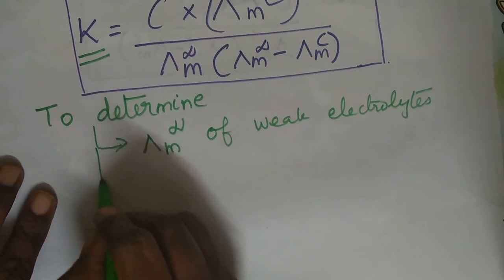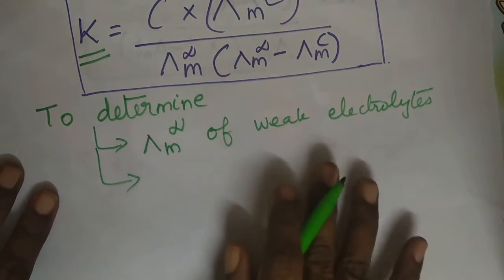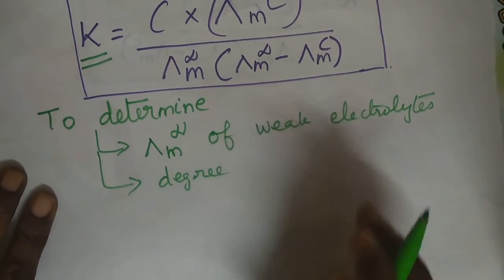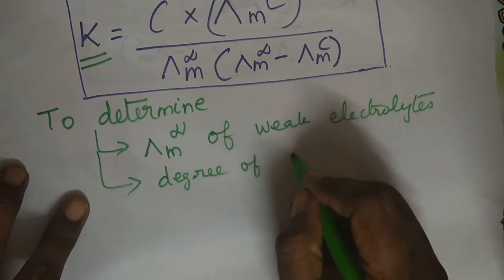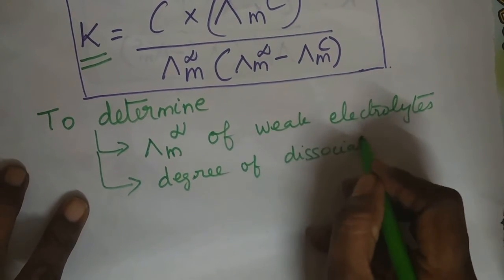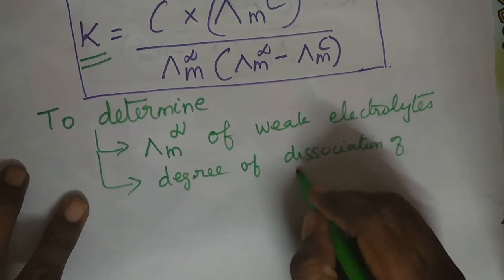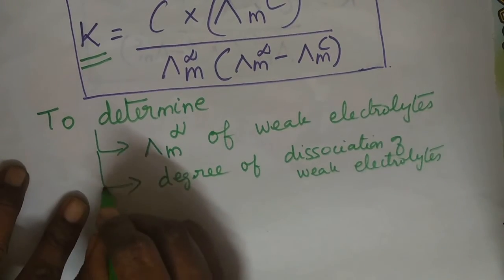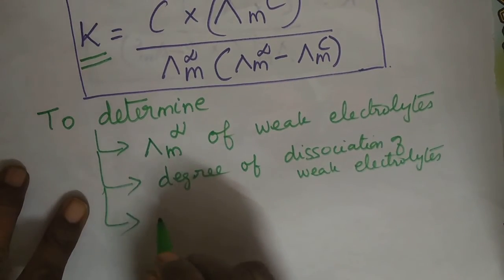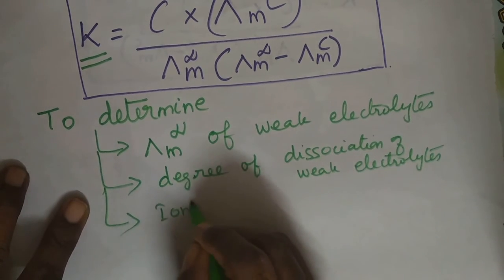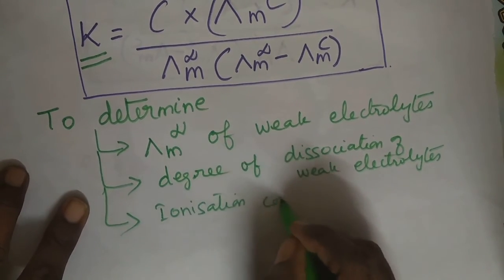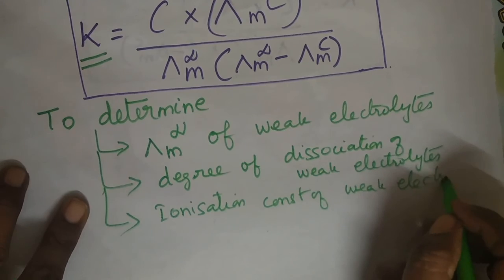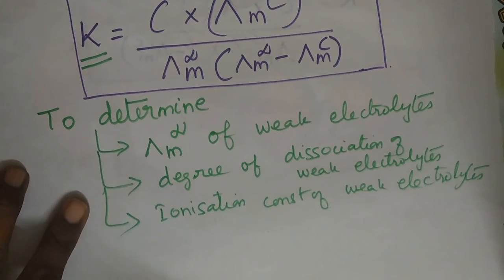Next, number two, it is applied to find out the degree of dissociation of weak electrolytes. Again, last one, it is helpful to determine the ionization constant of weak electrolytes. Is it clear?